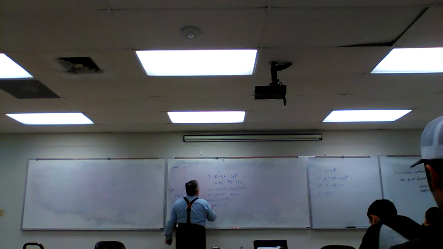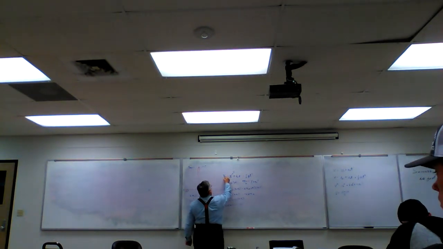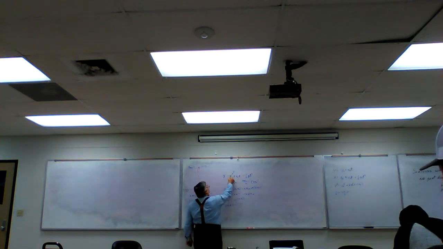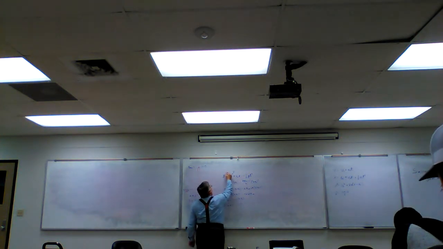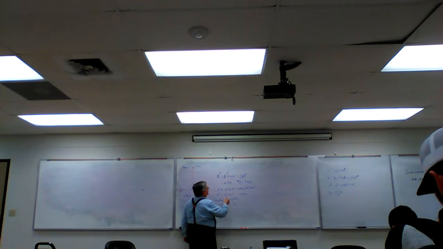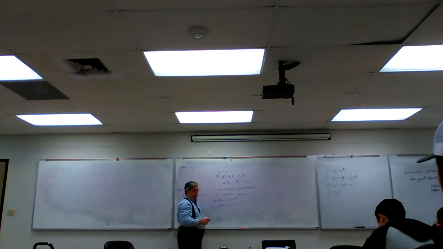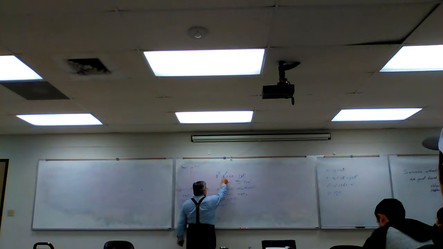That means the final Y, where the ball ends up, is at the same place as this. These are both the same value of Y. It starts off at Y equals 0. It ends at Y equals 0.